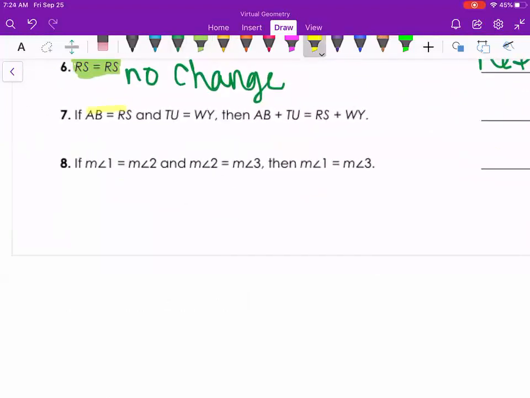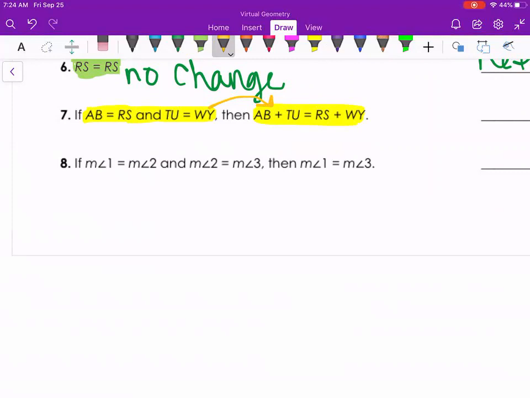All right, if the length of AB equals the length of RS, and the length of TU equals the length of WY, so then what did we do here to get to this one? All right, so we start off with AB equals RS, and TU equals WY.